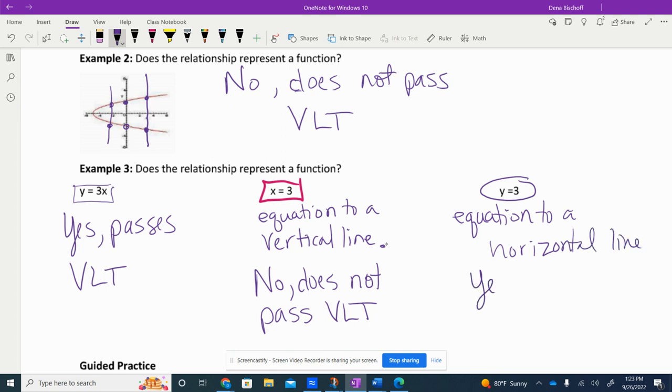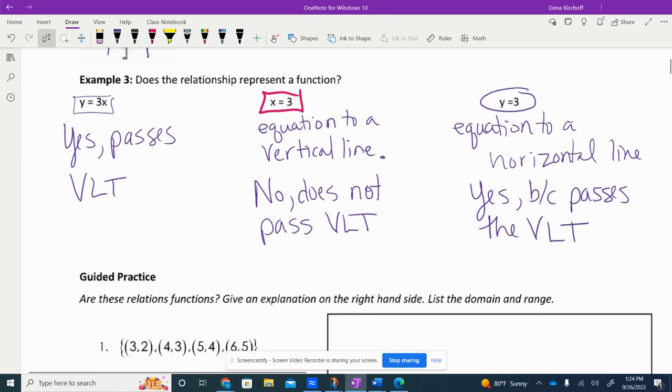And it is a function because it passes the vertical line test. This one does pass the vertical line test.